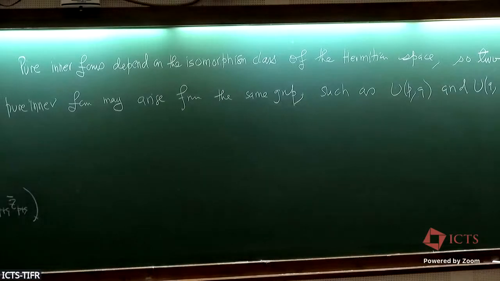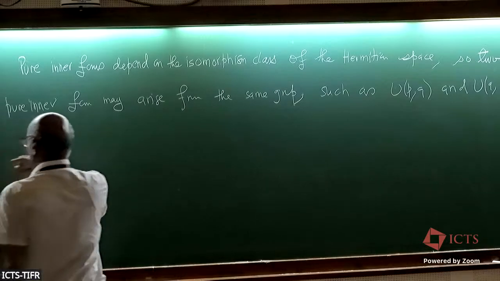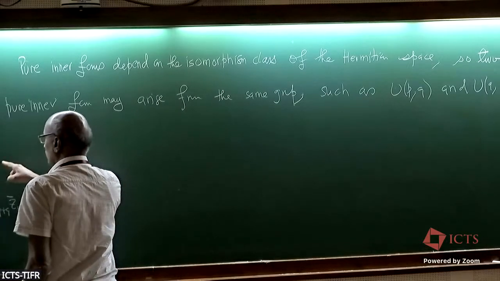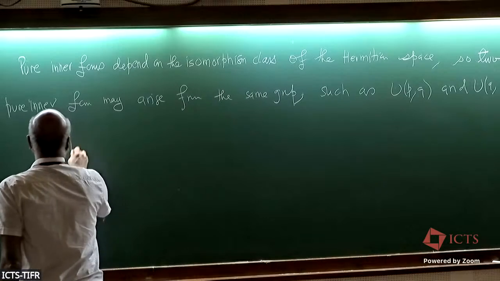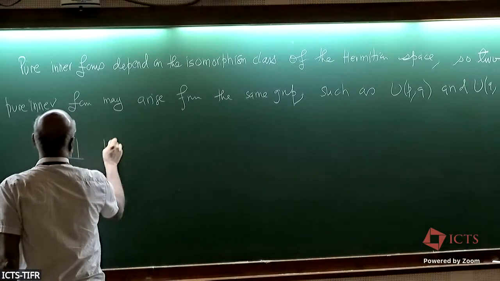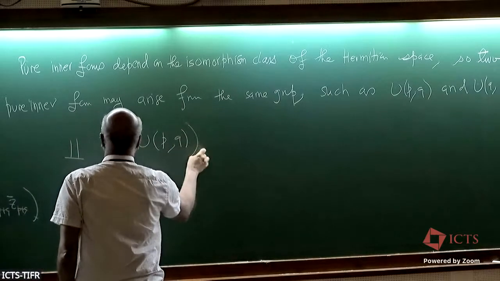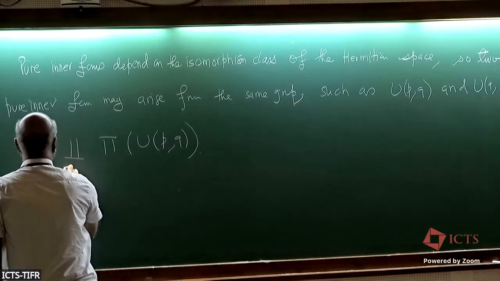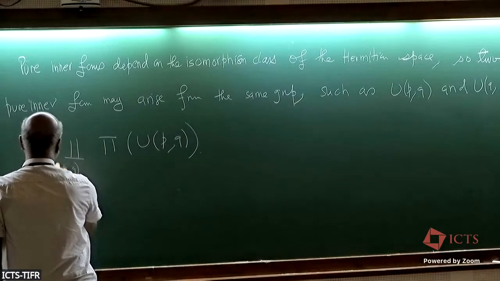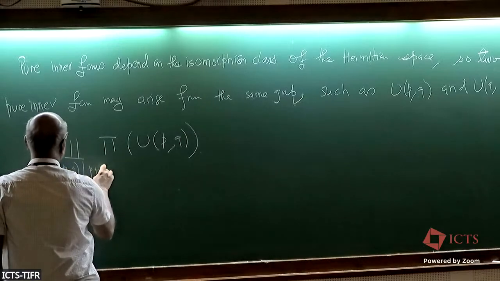Okay, so what the Vogan packet is supposed to do is to look at representations pi of U(p,q) over all p, q such that p plus q equals n.